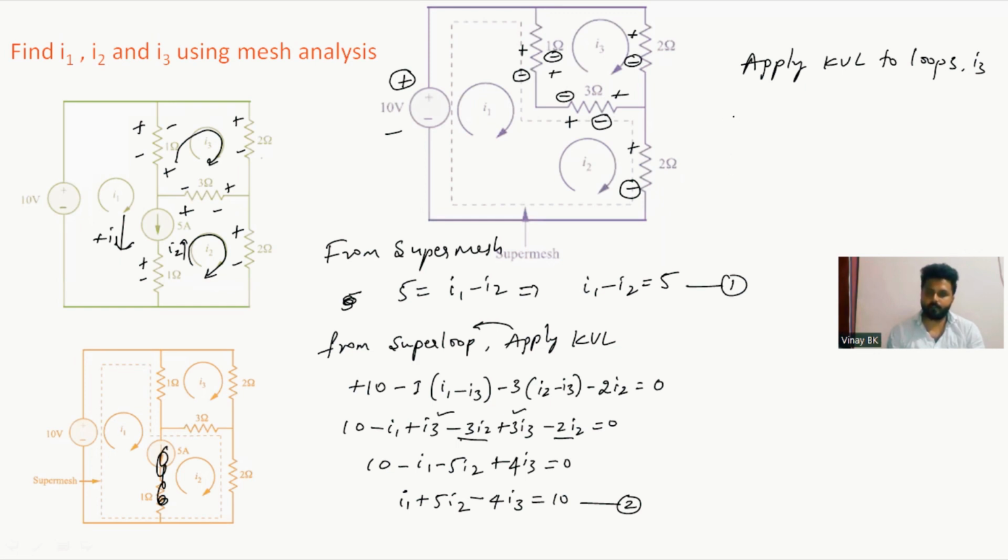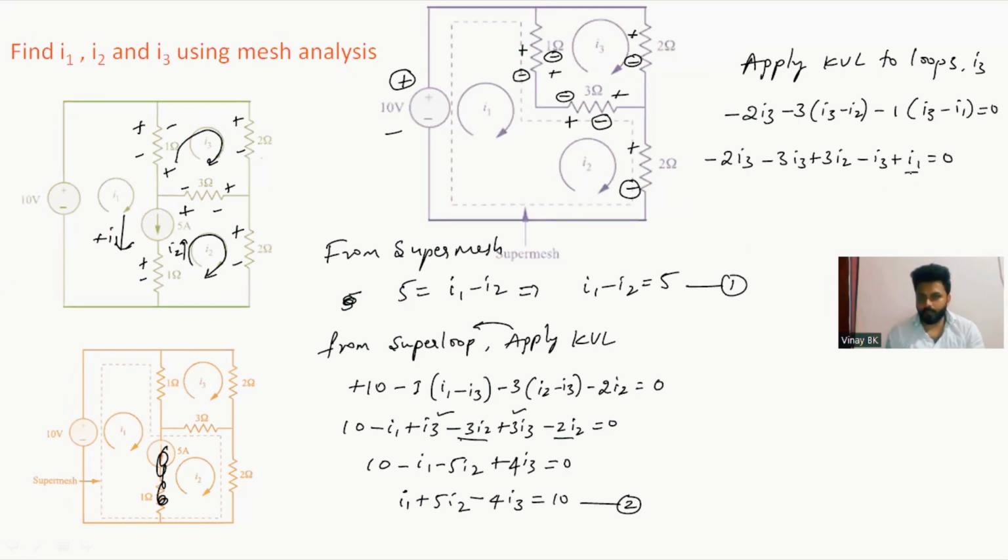So I'm writing here minus 2 into I3, minus 3 into I3 minus I2, again minus 1 into I3 minus I1 equals 0. Rearranging this: minus 2I3 minus 3I3 plus 3I2 minus I3 plus I1 equals 0.